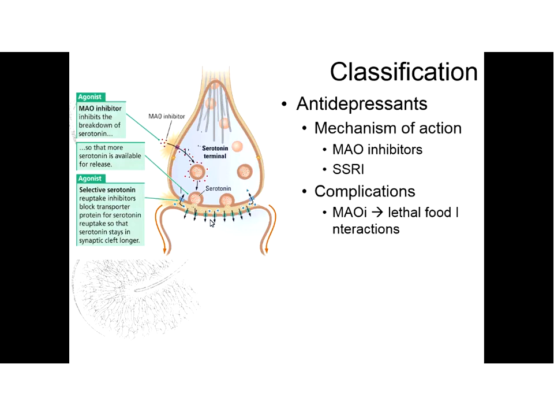One interesting thing about these antidepressants, specifically MAO inhibitors and SSRIs, is that they take 2 to 3 weeks to have their effect, but they are immediately enhancing neurotransmission.